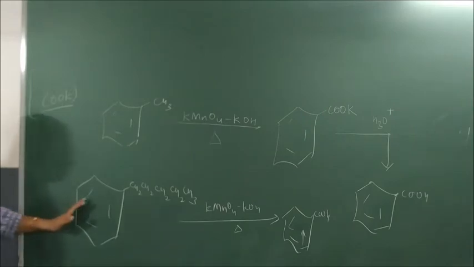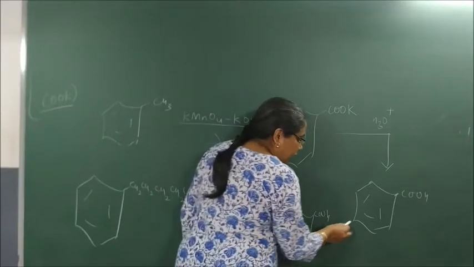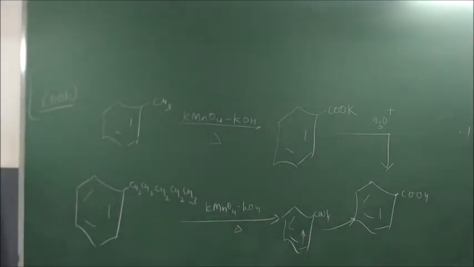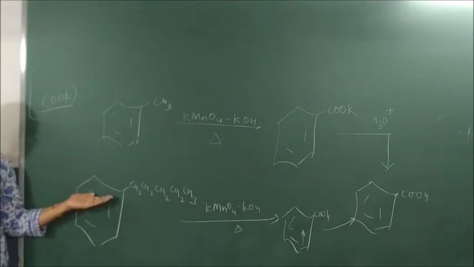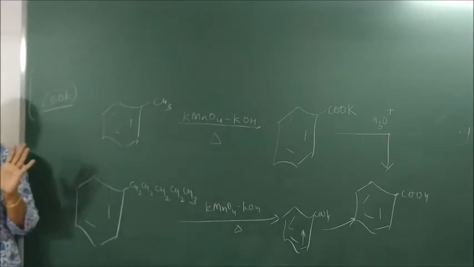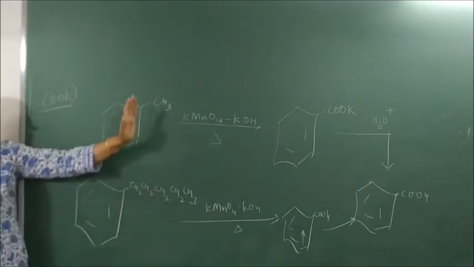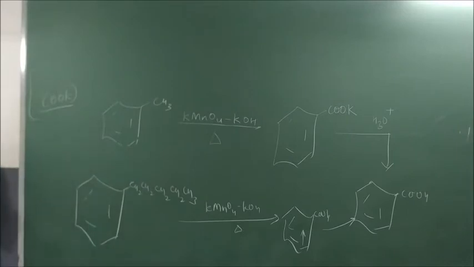It will again be converted into potassium benzoate, which on acidic hydrolysis will again give me COOH. So with any alkyl benzene, I can prepare benzoic acid by this method. This is a very important method of conversion of a long alkyl benzene into its parent aromatic acid.